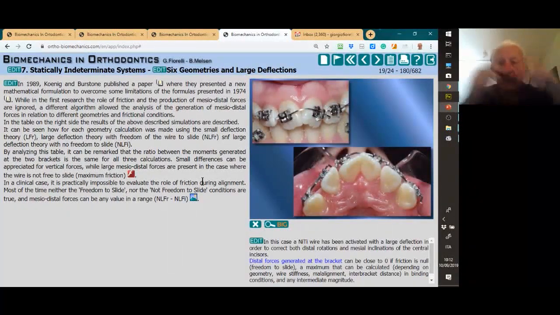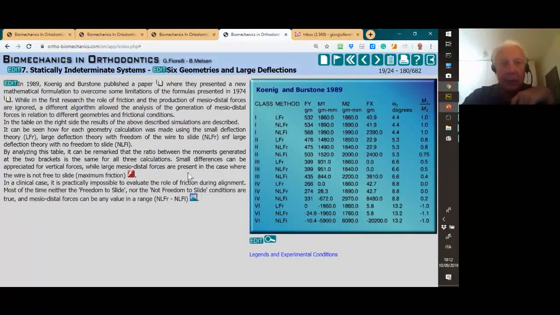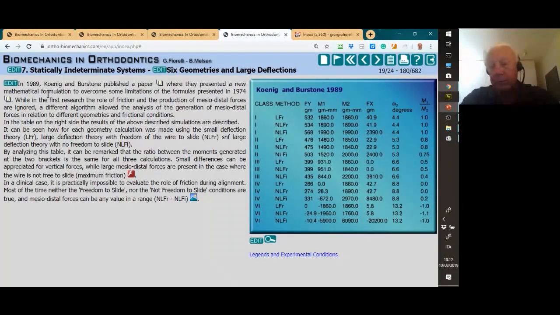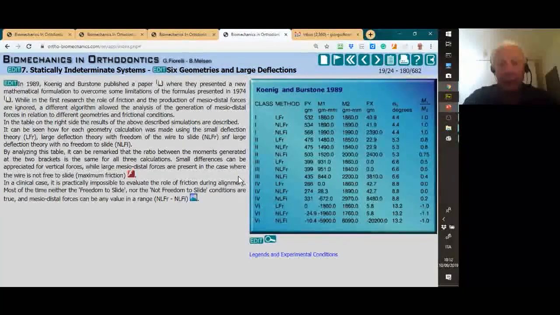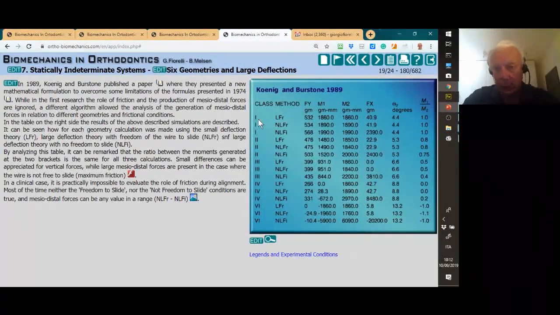And mesiodistal forces are there in statically indeterminate mechanics, and they have been studied by Burstone and Koenig a few years later, so 15 years later than the first paper. And here you have an idea that these forces might be very, very large.